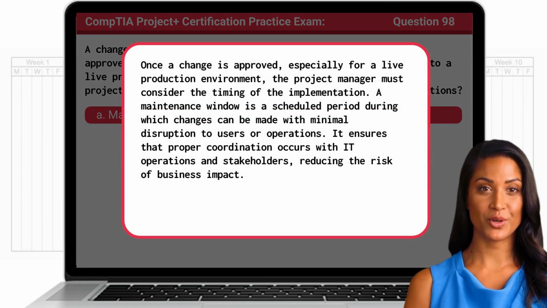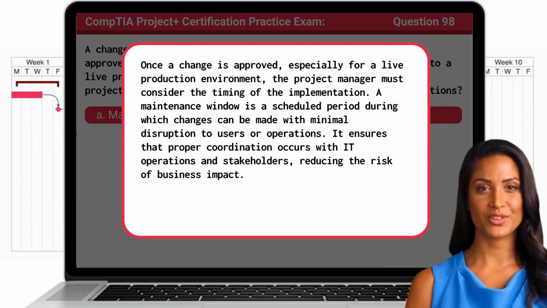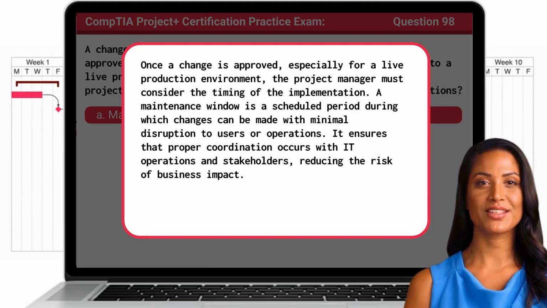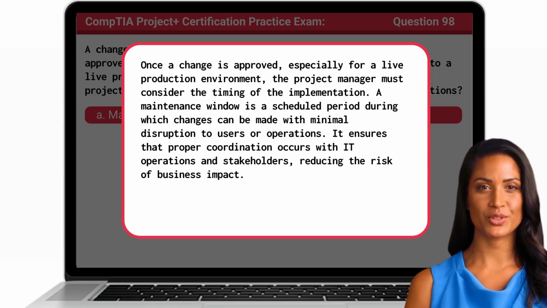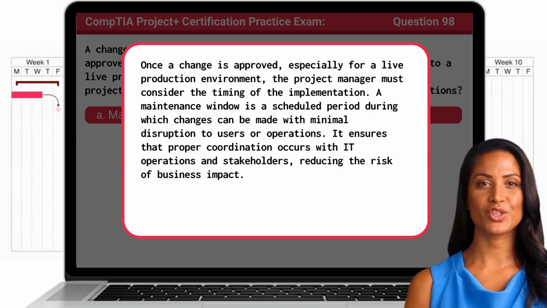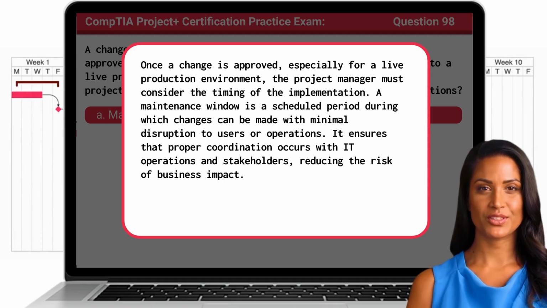Once a change is approved, especially for a live production environment, the project manager must consider the timing of the implementation. A maintenance window is a scheduled period during which changes can be made with minimal disruption to users or operations. It ensures that proper coordination occurs with IT operations and stakeholders, reducing the risk of business impact.